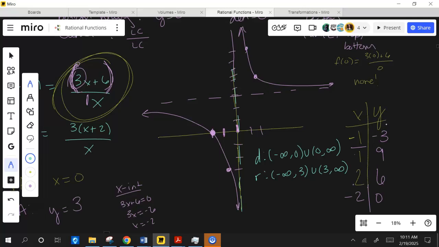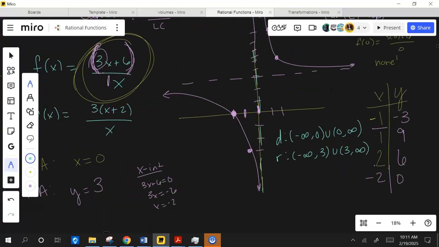Guys, I can't even hear the question. Your calculator is not going to show you asymptotes, but is it bounded? You're talking, stop it.